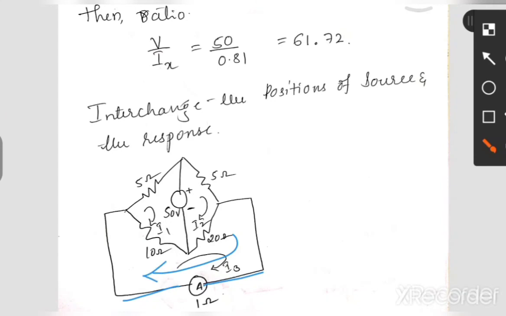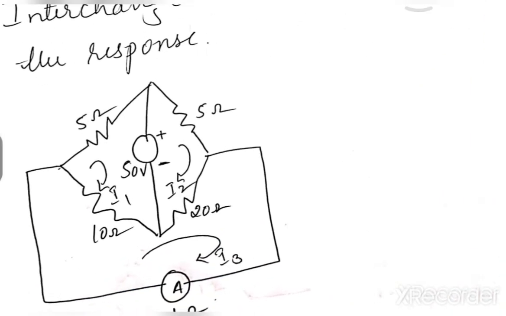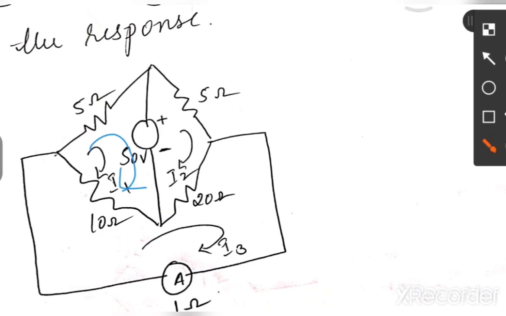So in the same way we have taken as I3. Now we have to proceed with the same procedure. Here we have three loops. First, second and third. Only difference is here we have 1 ohm. Remember, if you are getting confused with this, you can replace the resistance with a 1 ohm. And here we have a voltage source. Apply KVL for the first, second and third loop.